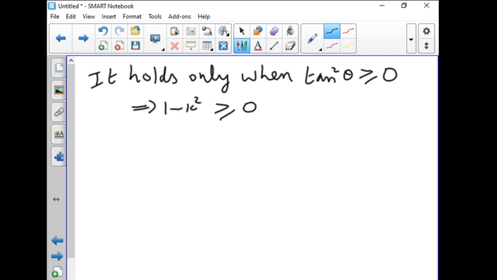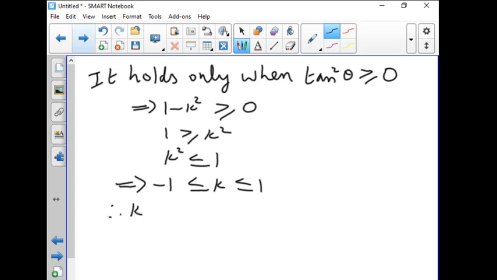So from this, what you get? 1 is greater than or equal to k square, or k square is less than or equal to 1. So k square less than or equal to 1 means minus 1 is less than or equal to k, less than or equal to 1. So therefore k lies between minus 1 and 1, because for other values of k, tan square theta will not be greater than or equal to 0.